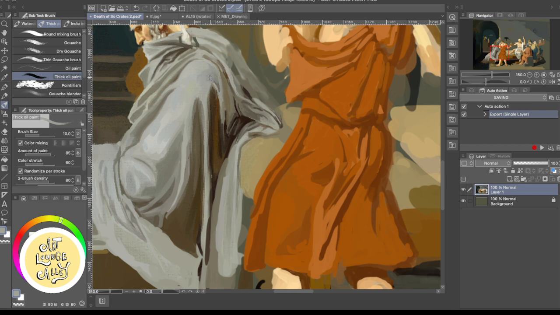So the effects look similar, but the process is not the same. And it can't be substituted, like the result.